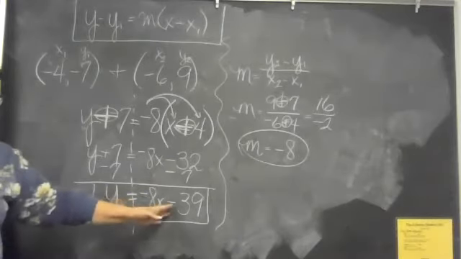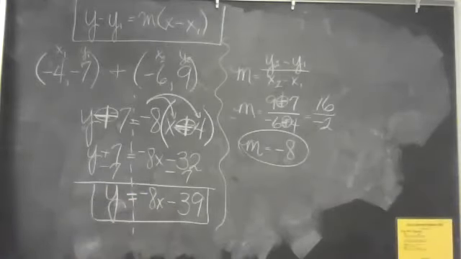So now I have 39 negatives. Minus and negative act the same way. Oh, I don't know why I was doing this. I was going to check the answer and make sure I did everything correctly. Negative 8x minus 39. Okay.